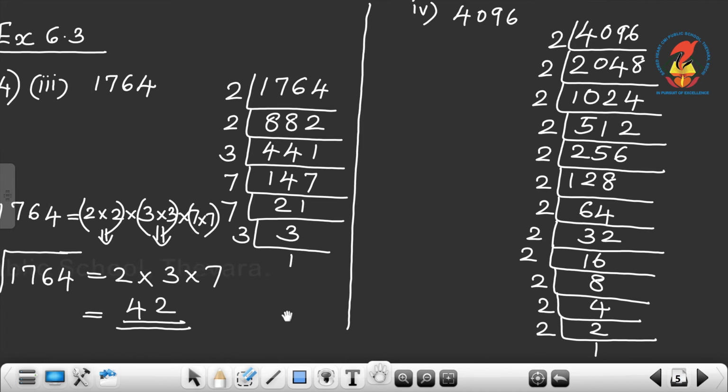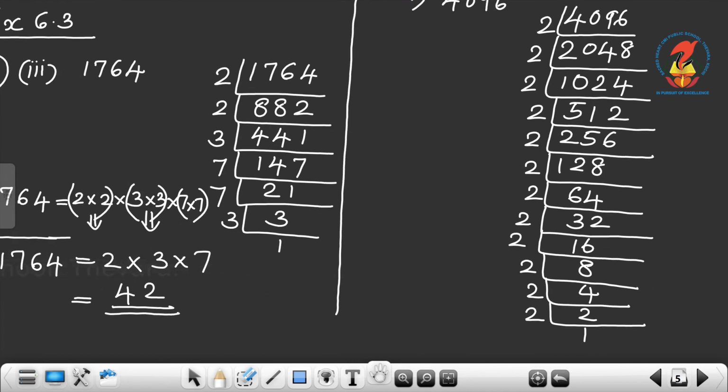4096. So how many 2s are here? 1, 2, 3, 4, 5, 6, 7, 8, 9, 10, 11, 12.